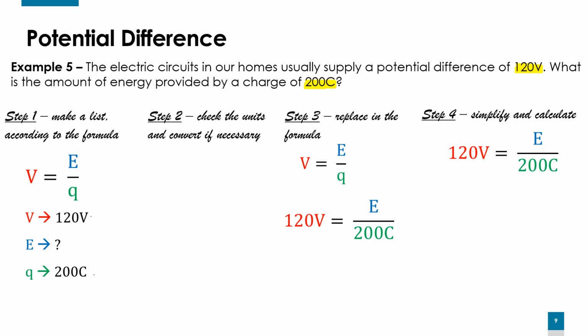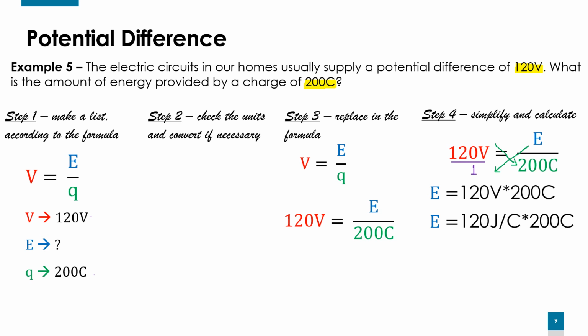The first thing you need to do is cross multiplication. So I'm going to multiply E by 1 to make this easier, and 120 times 200. So E is equal to 120 times 200.